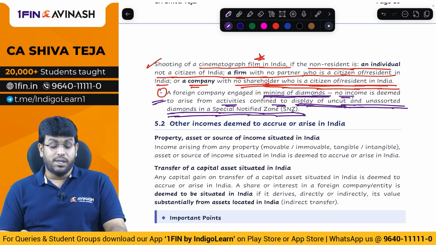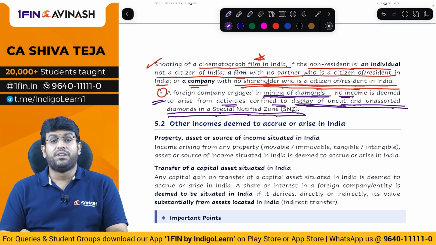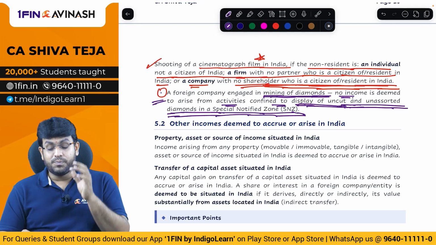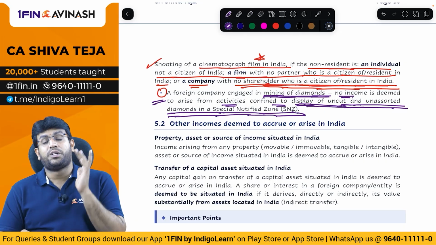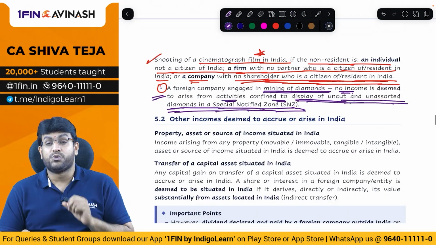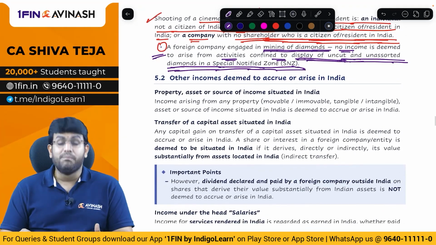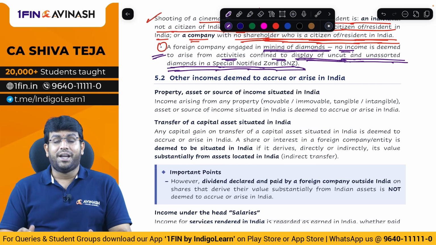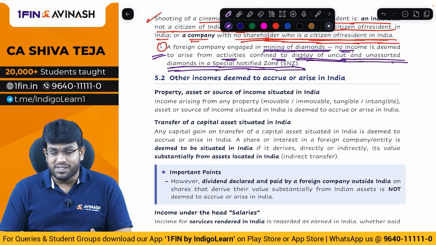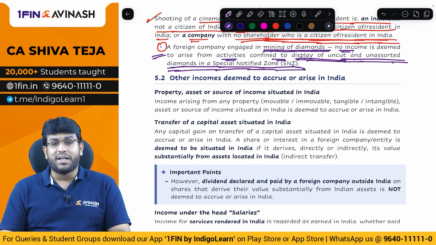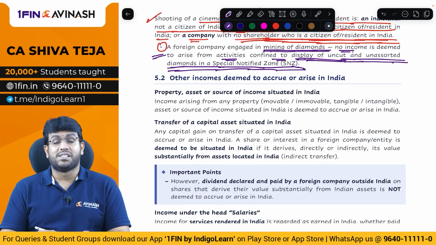So no income is deemed to arise from what, my dear friends? From an activity which is just confined to what? Display of uncut and unassorted diamonds in a special notified zone. So that is the story of what, my dear friends? Business connection. And a non-resident's business income is taxable only and only if the non-resident has business connection in India.